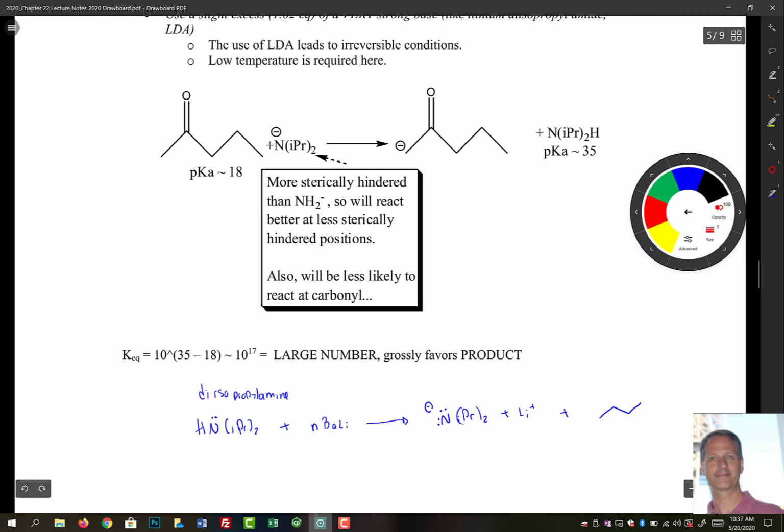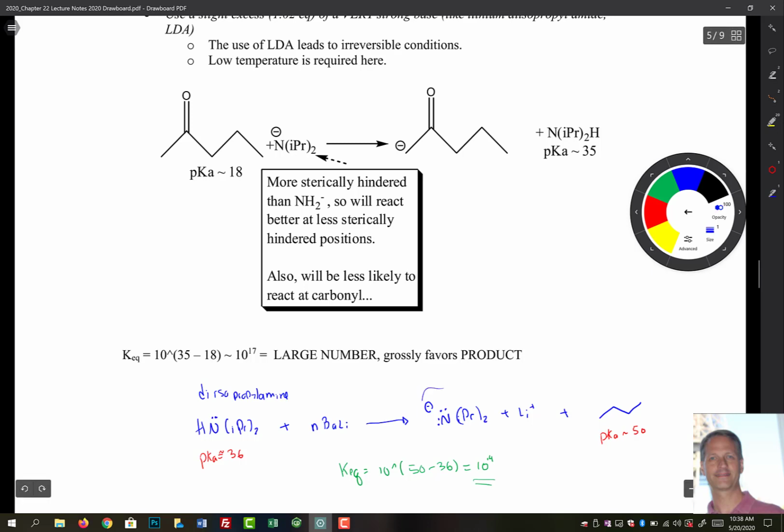So when you look at this and you think about, well, how favorable is this reaction? The pKa of that is somewhere around 36. The pKa of this, around 50. So then the Keq for this reaction is 10 to the 50 minus 36. So you get 10 to the 14. So you greatly favor your products on that. Okay, so a couple things with that.